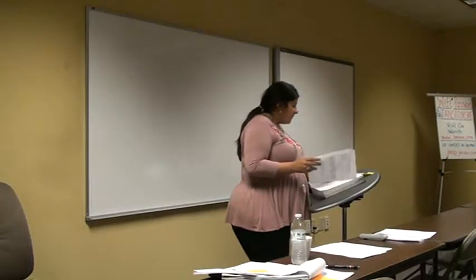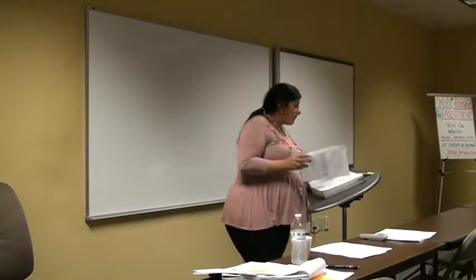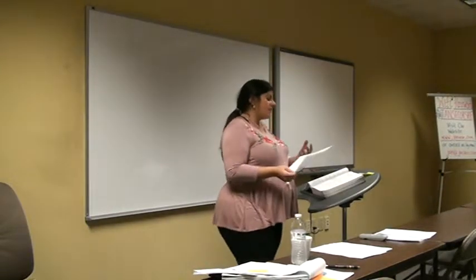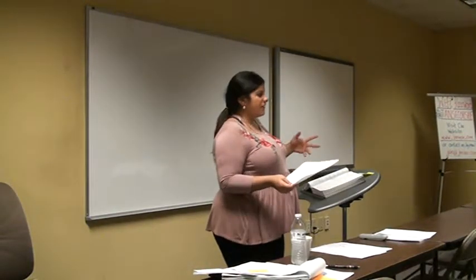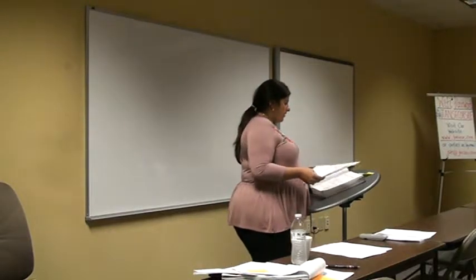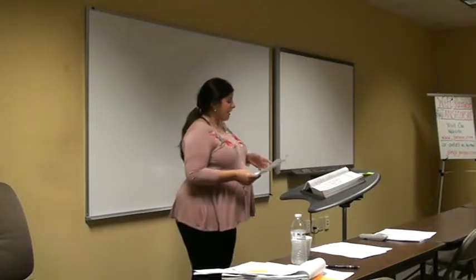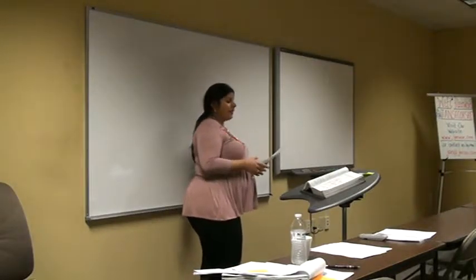Let's see, the next one. There must be adequate words of conveyance. Words of conveyance, also known as the granting clause, are going to be a little bit different depending on the kind of deed that we're looking at.